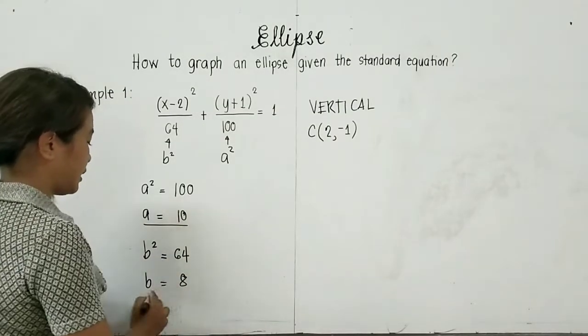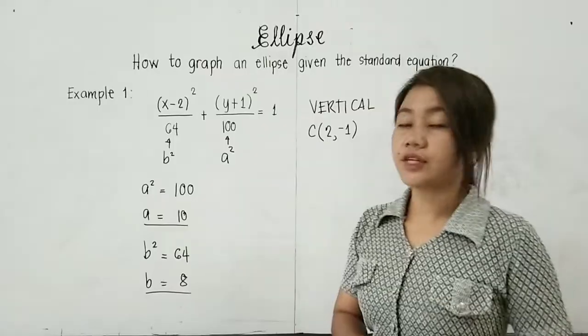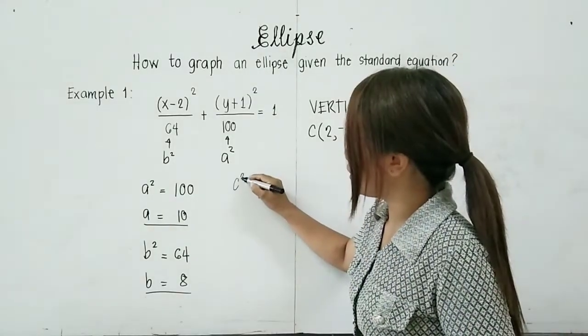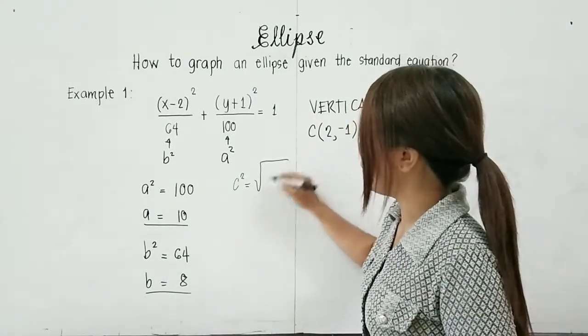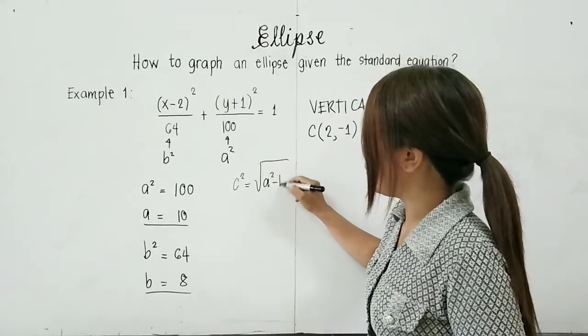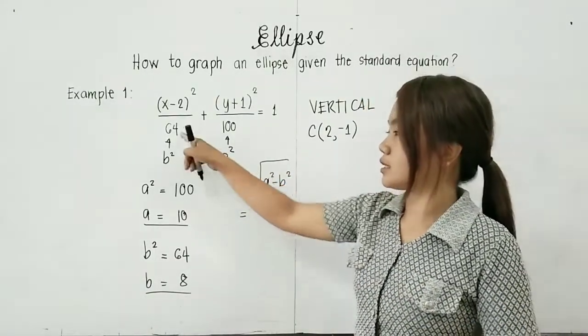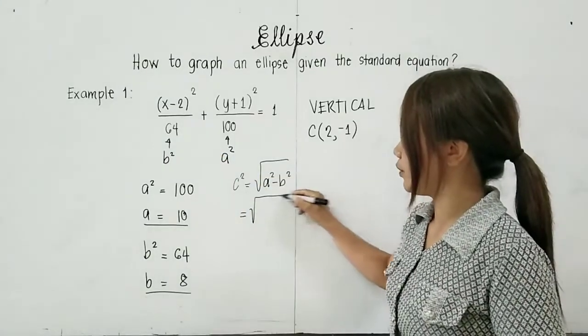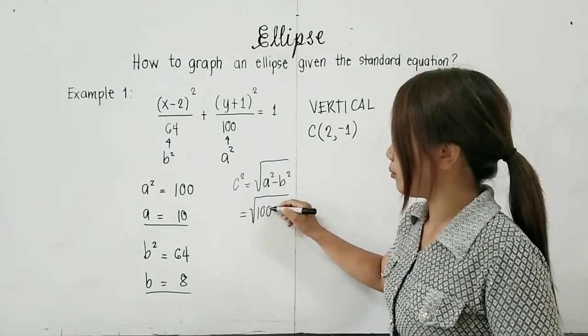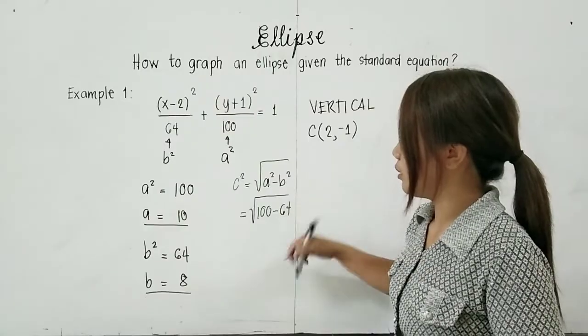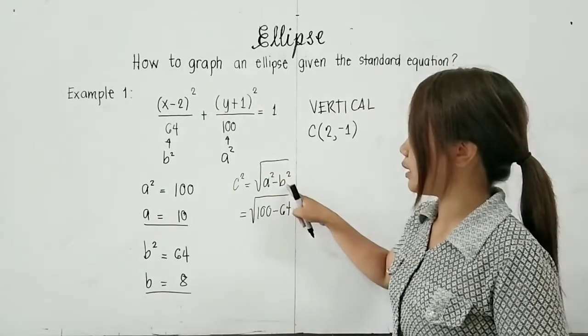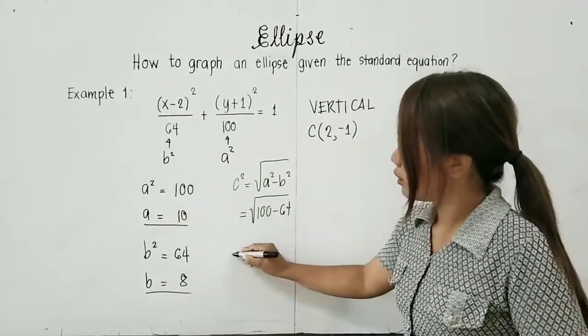So our a is 10 and our b is 8. To solve for c, we will use the formula c squared is equal to a squared minus b squared, so c is the square root of a squared minus b squared. Substituting the values, we have the square root of 100 minus 64, because our a squared is 100 and our b squared is 64.